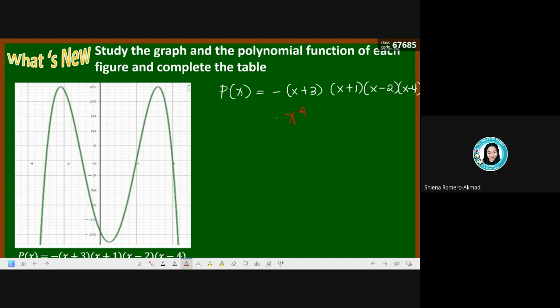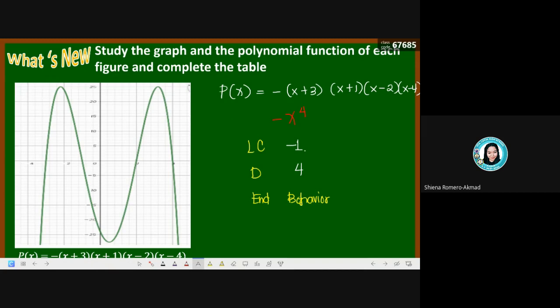Since we have here negative, magiging negative X raised to 4. So, let us identify the LC, D, degree, and the end behavior. So, the LC is negative 1, and the degree is 4.